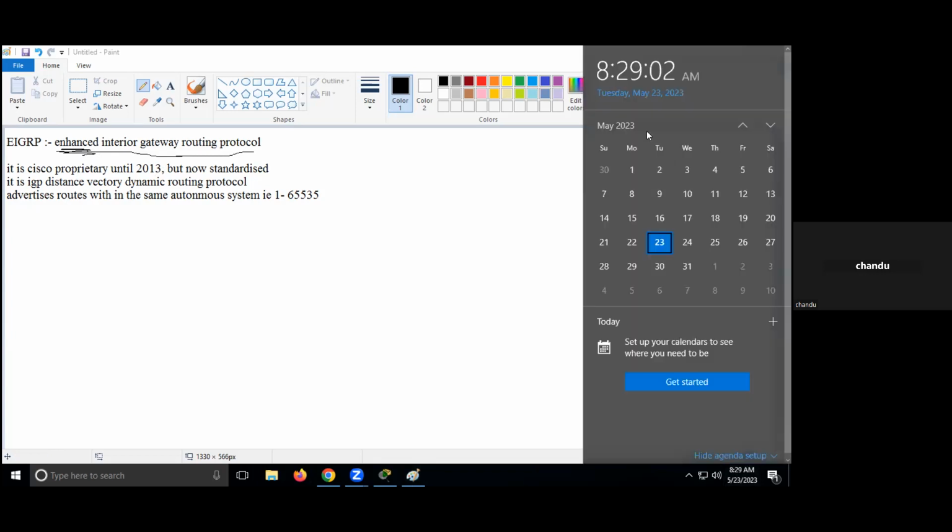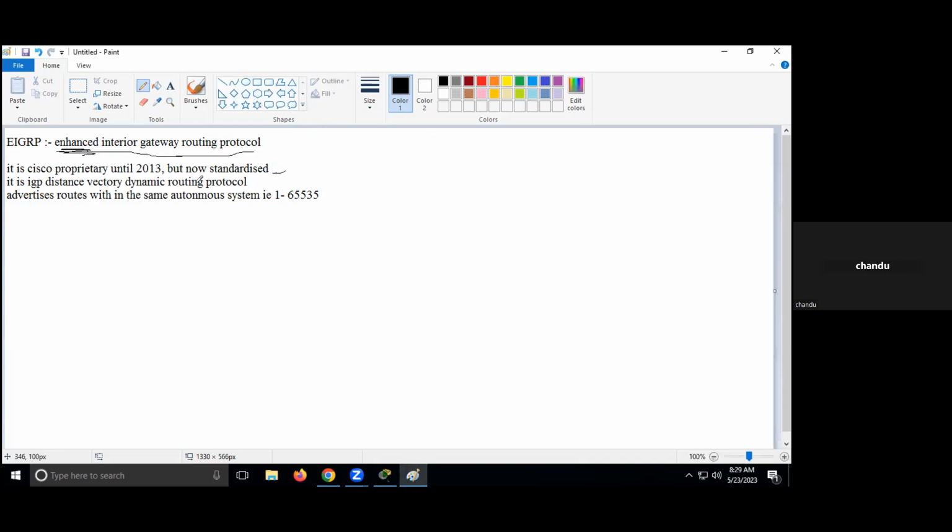Now we are in 2023, so exactly 10 years ago it became standardized. But until 2013, EIGRP was configured only on Cisco devices. And EIGRP is a distance vector dynamic IGP routing protocol.